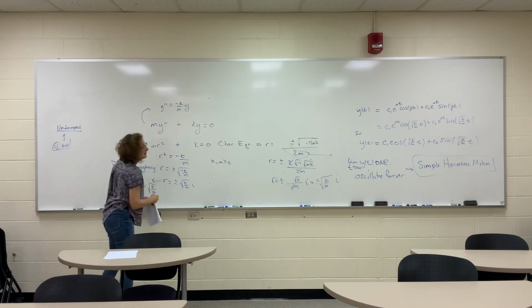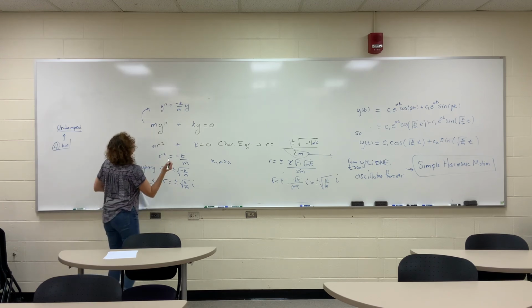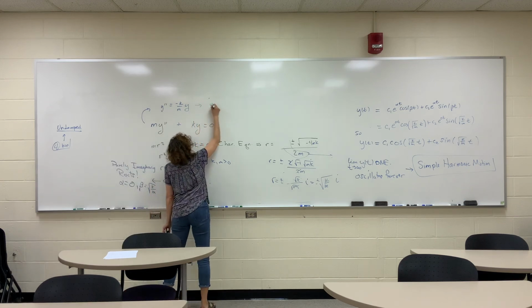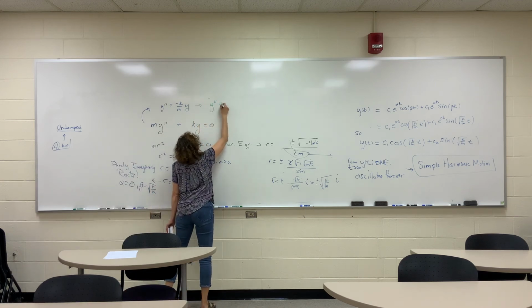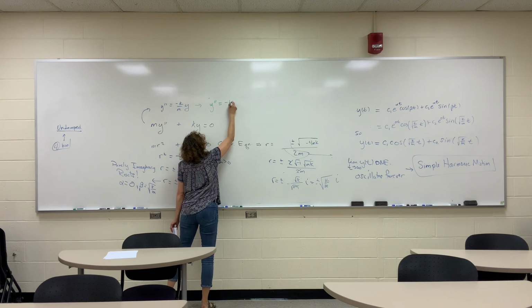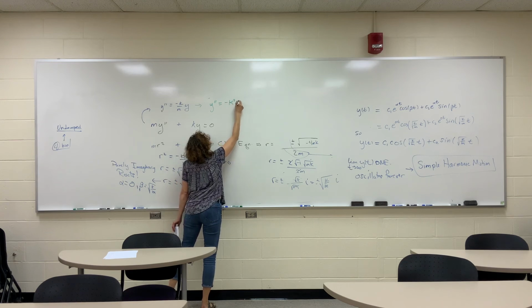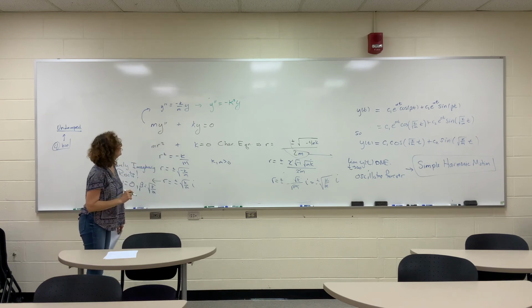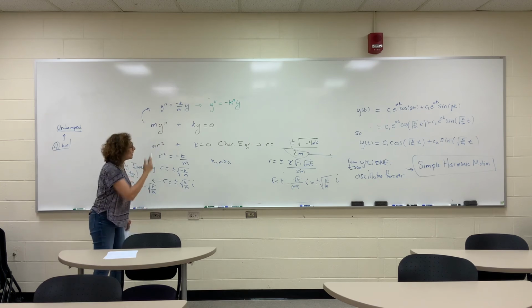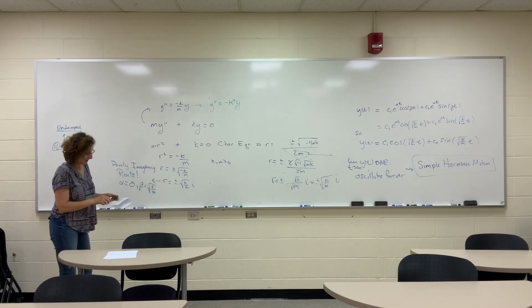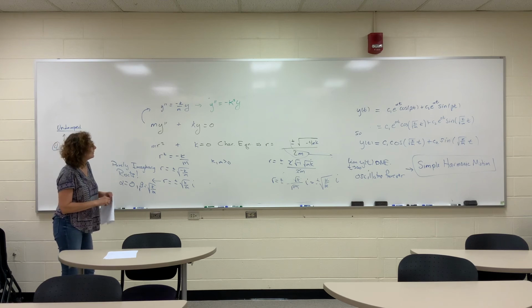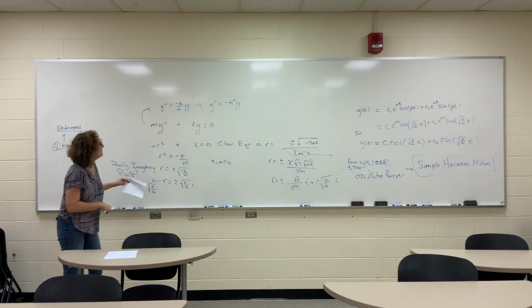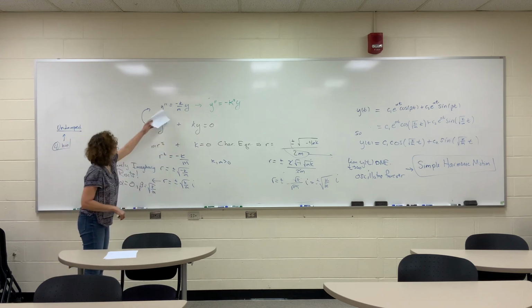Remember, back in chapter 1, we looked at solutions of y double prime is equal to minus some constant squared times y, right? And we saw the solutions of that were sines and cosines, right? So it's the same idea. This is also simple harmonic motion.